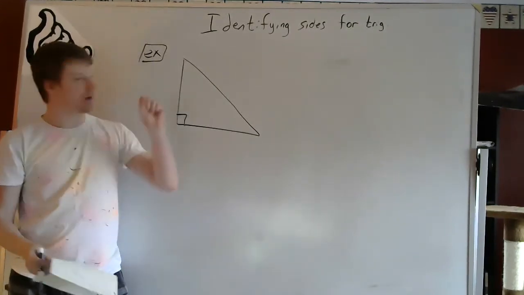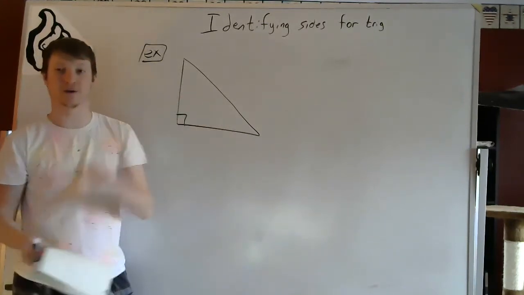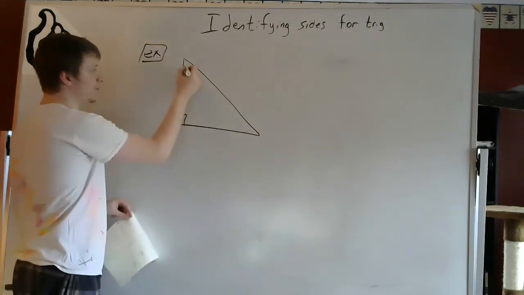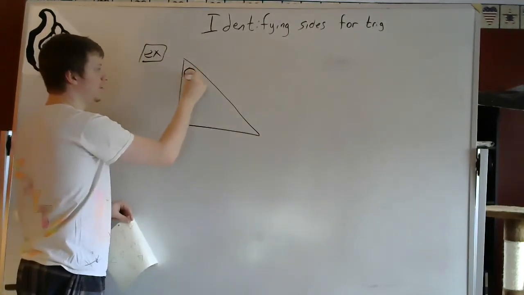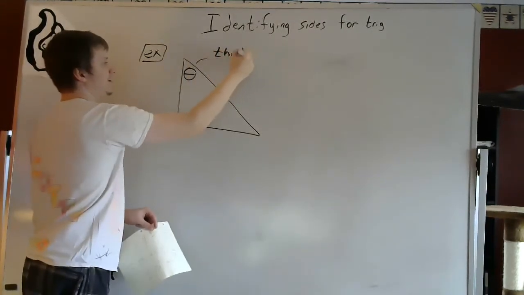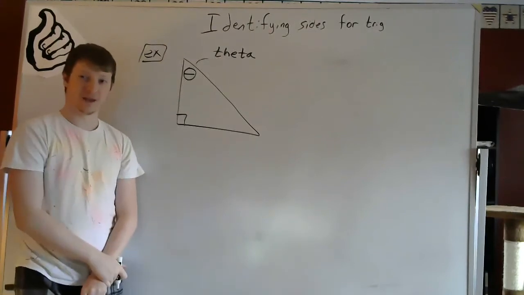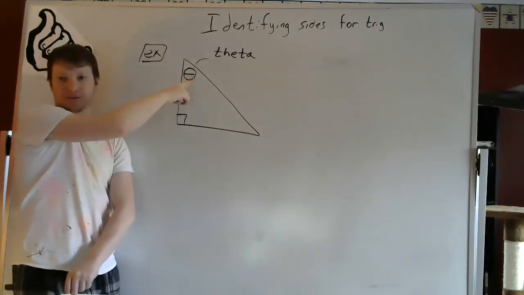So here, everything we say is going to be based off of a particular angle. In this case, here's the angle. I'm going to use a Greek letter, theta, T-H-E-T-A, to represent this unknown angle. So this is the angle I'm talking about right here.